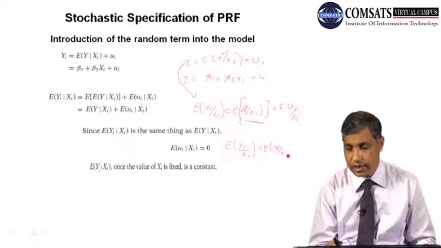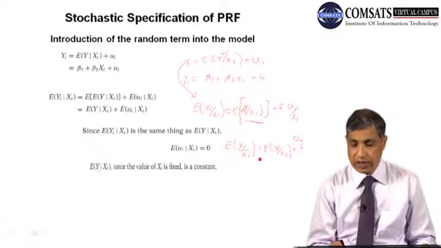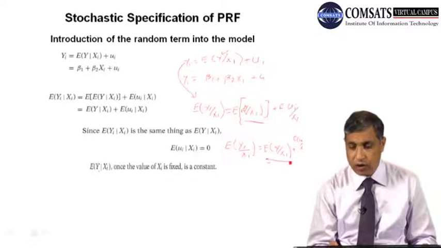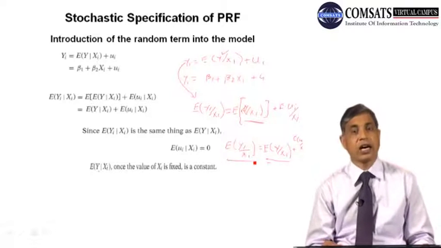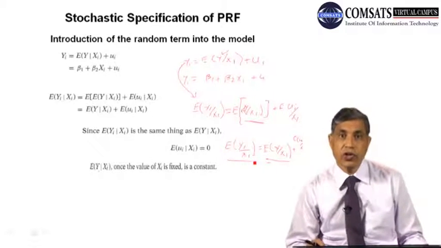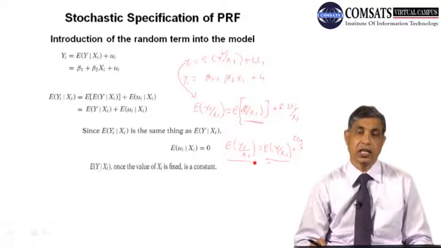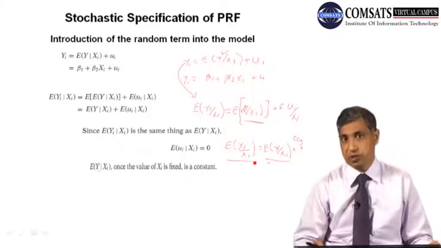given xi plus expected value of ui given xi. So what is this? Interestingly, now these two terms are the same, because when we fix the xi, there is no difference between them.